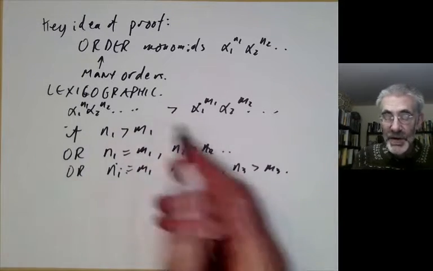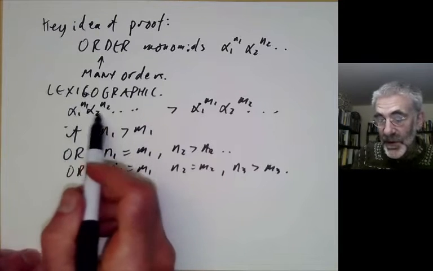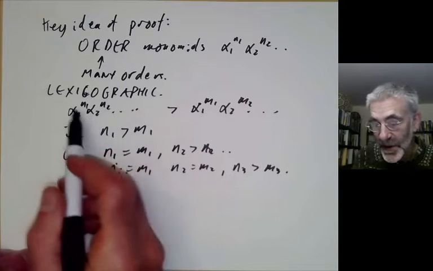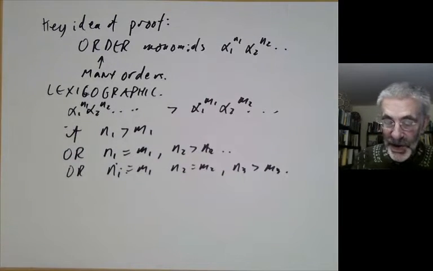So this is something to do with the order you would put them in if you were making a dictionary, an extremely boring dictionary whose entries were monomials and you're entering them in dictionary order.